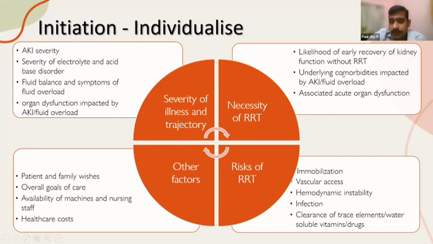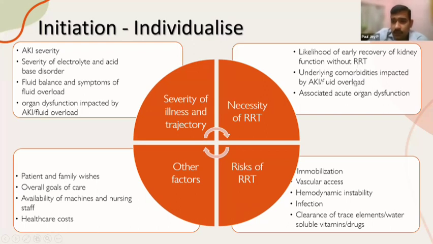And you need to look at the necessity of RRT, where we need to assess, for example, a transient episode of hypotension. The patient may be oliguric for some time, and there will be transient worsening of his blood gas or RFT. But if the reason for hypotension can be corrected, the patient may escape dialysis.